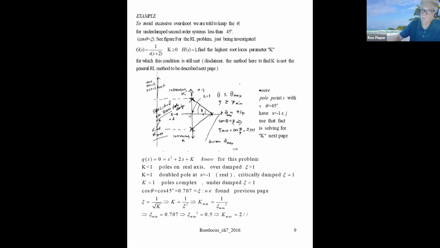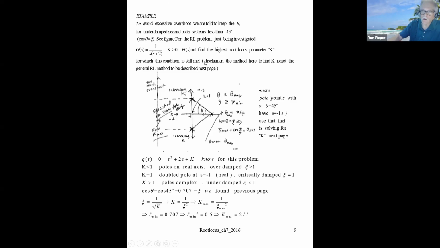The question is, we want to find the highest root locus parameter K that would be consistent with keeping the poles in a location such that that angle theta is less than or equal to 45 degrees.